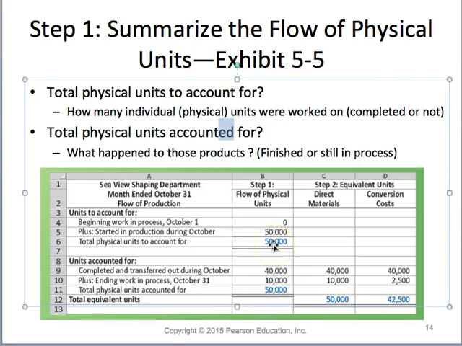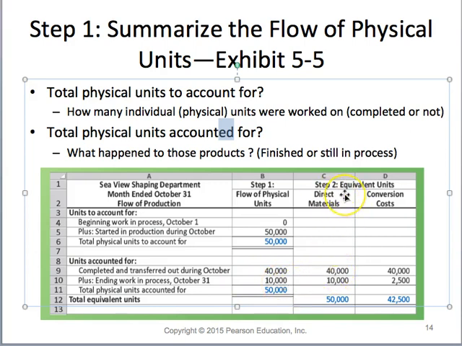So physical units to account for always equals total physical units accounted for. But here in the units accounted for, there are two parts: completed and transferred out, and here's any work in process. So 40,000 is what we have finished. 10,000 is what we are still working on.